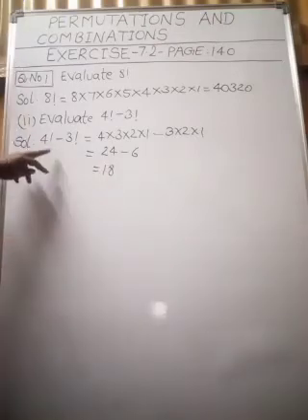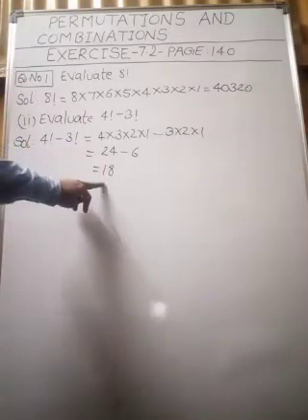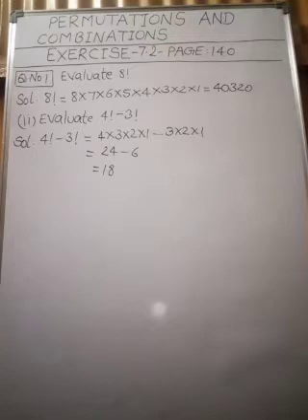So the value of 4 factorial minus 3 factorial is equal to 18, not 1 factorial. Understood this point, my children?